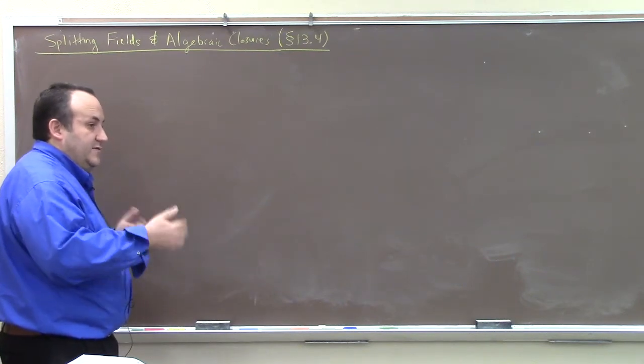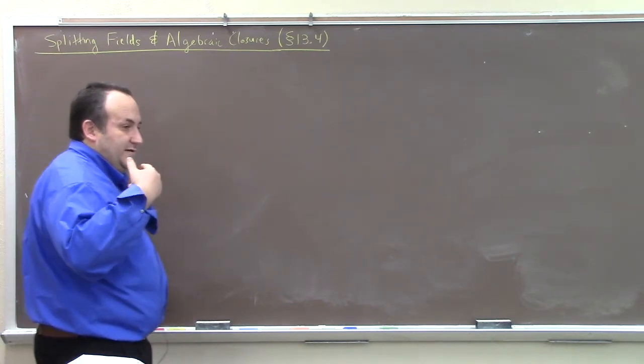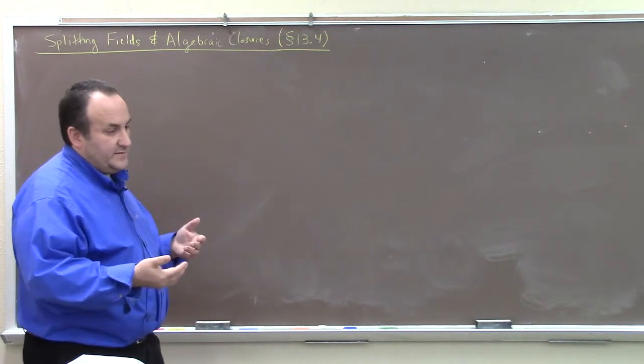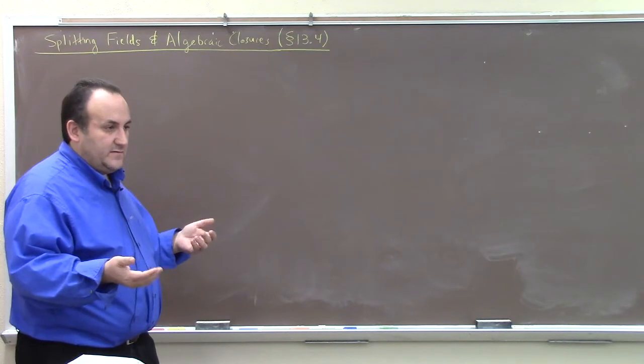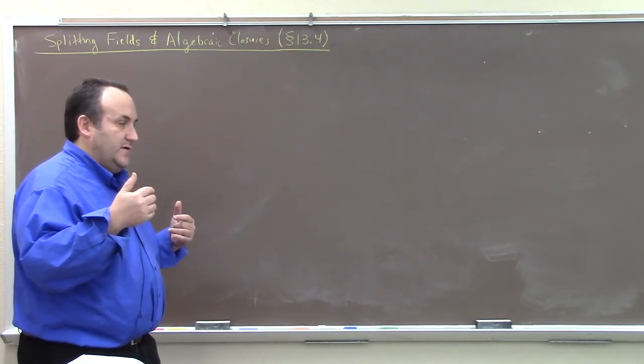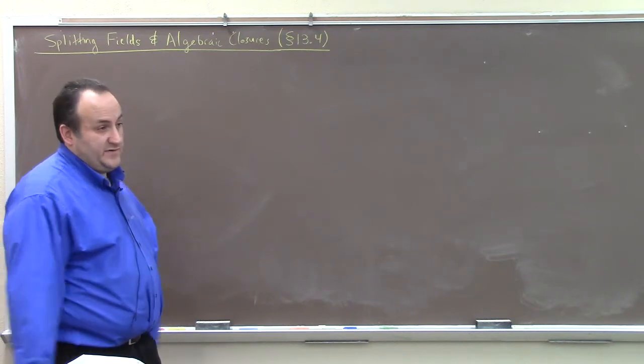So you could have a degree 2, a degree 4, a degree 8, a degree 16 extension, but you can't have a degree 3 extension or a degree 9 extension or a degree 5 extension using straight edge and compass constructions.